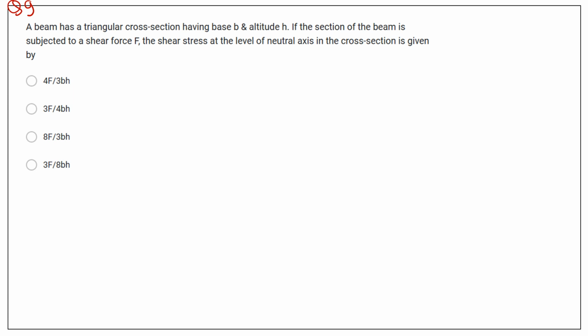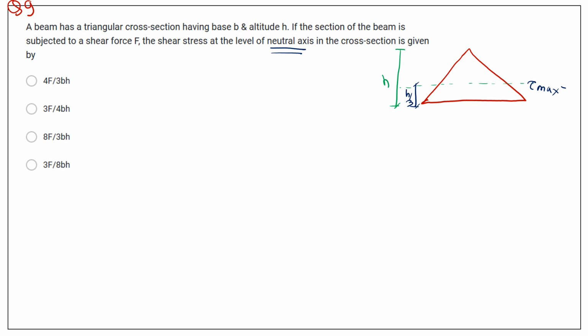So in the triangular section, the height is h, and the neutral axis is the line at h by 3.